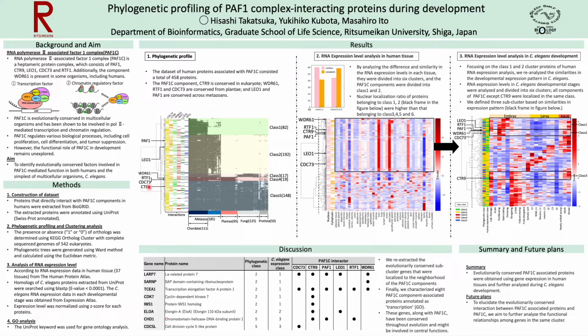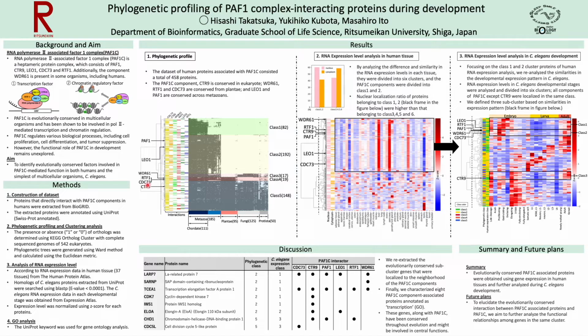Next, the results. A dataset of 4,158 PAF1C component-binding human proteins was constructed. The PAF1 component, CTR9, is conserved in eukaryotes.